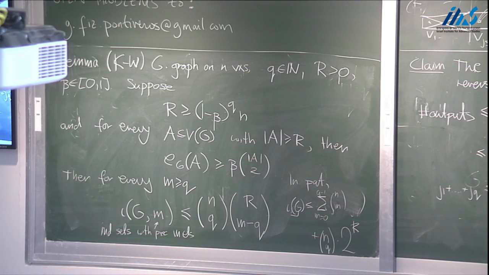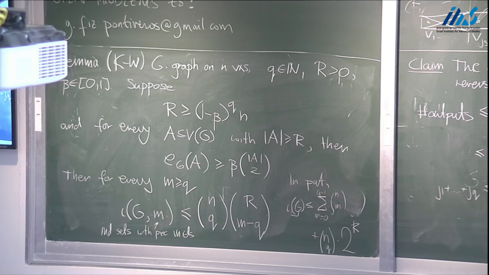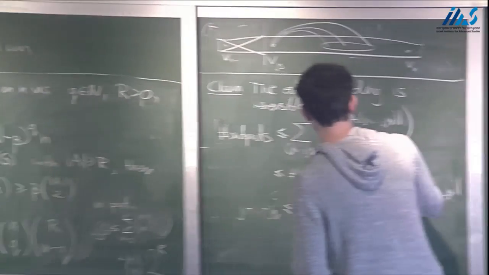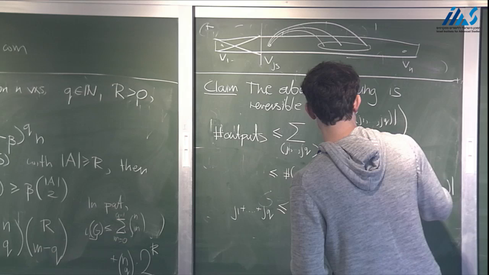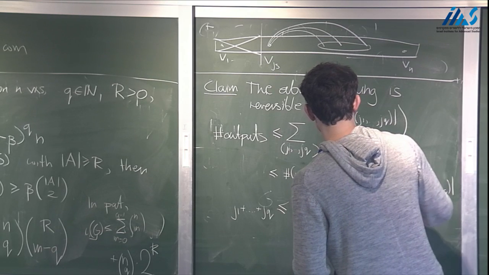But in the end, since I'm interested only in sets which have M elements, from the set A(J1, ..., JQ), I only need to select the remaining M minus Q. So this is the number of sequences times this maximum size, choose M minus Q.